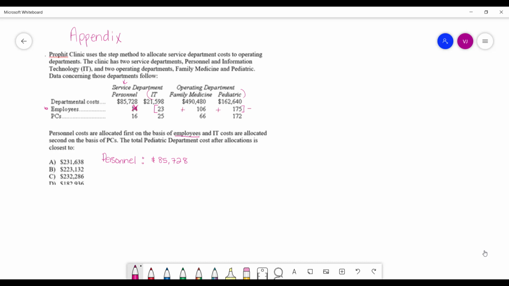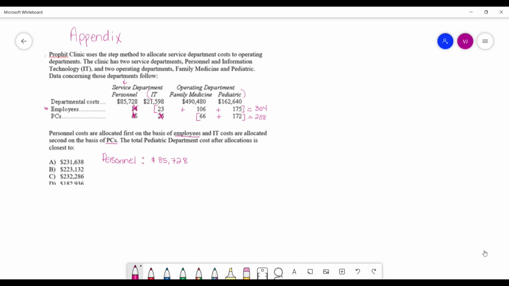So those 3 departments, the 1 service department IT and those 2 operating departments altogether, they use a total of 304 employees. When it comes to the IT costs later on, that's allocated on the basis of PCs. But when I allocate the IT costs, there's only 2 operating departments to allocate to, so we're not concerned with the IT department's PCs or the personnel department's PCs. When we get to that point, we'll only be dumping into those 2. Between the family medicine pediatric, the total amount of personal computers used between them 2 is 238.